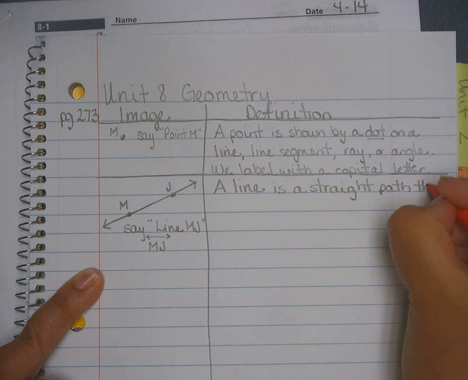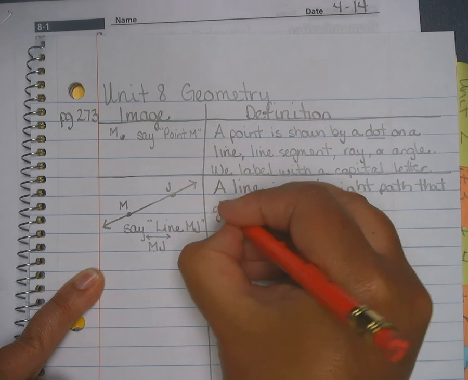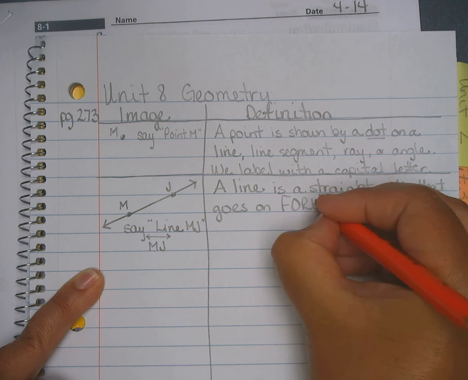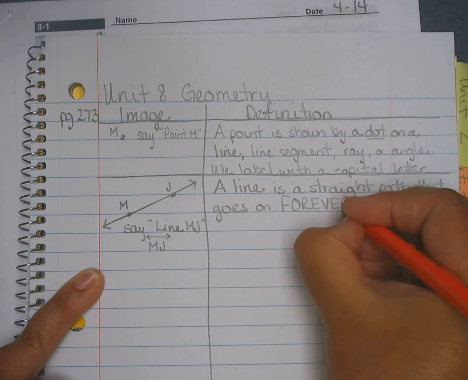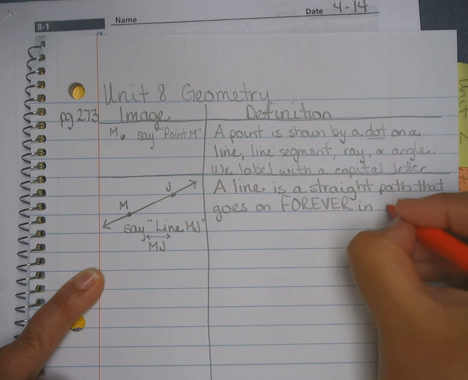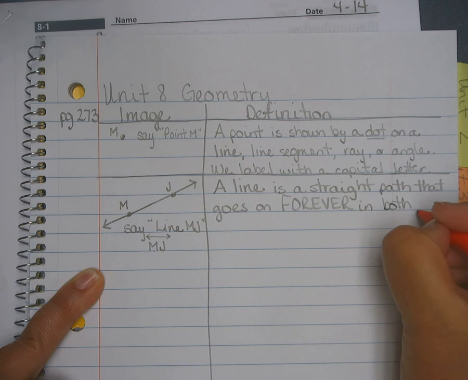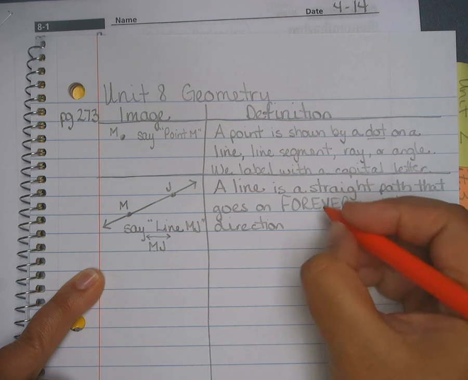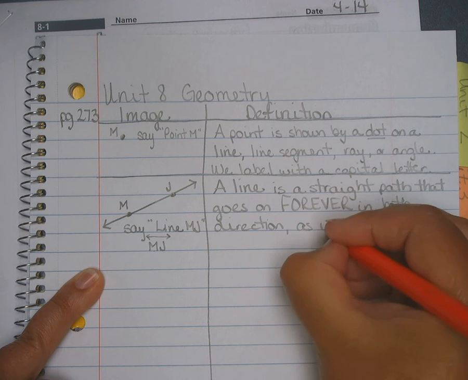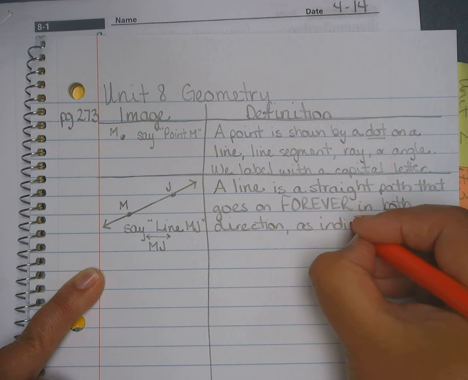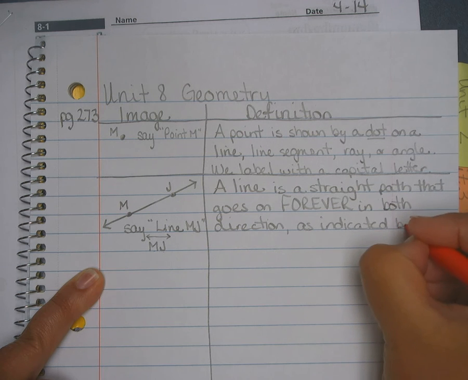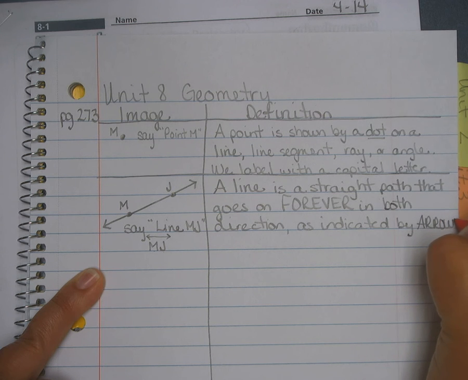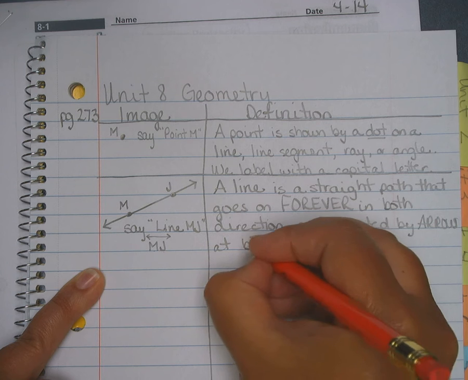that goes on forever. And that is a key. It could continue on forever in both directions, hence the endpoints being arrows, as indicated by arrows at both ends.